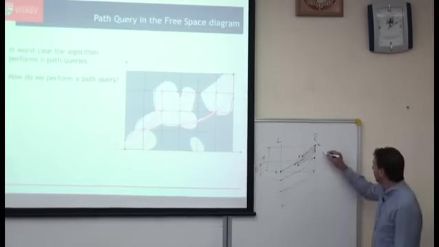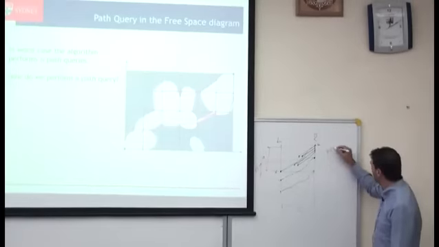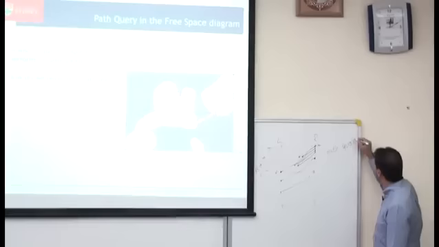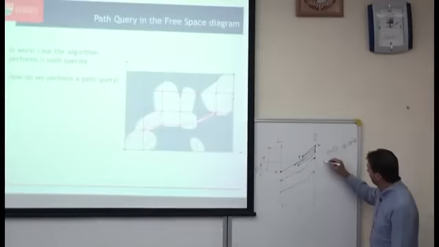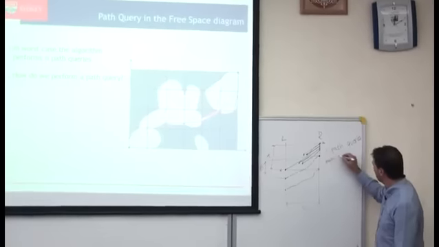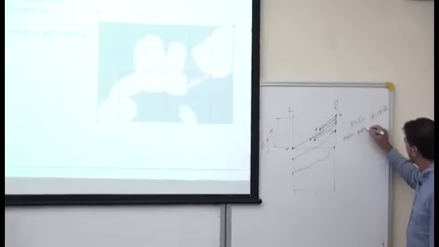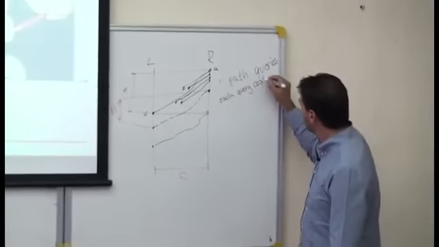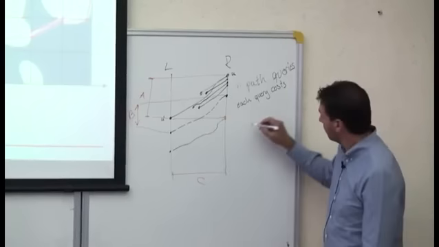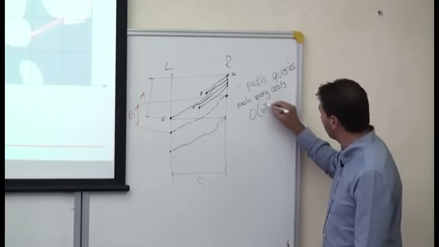So we perform n path queries. And each query costs the size of the network. Right? So that could be n square.